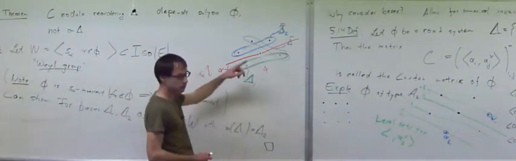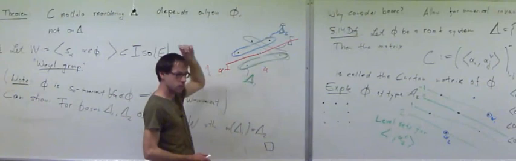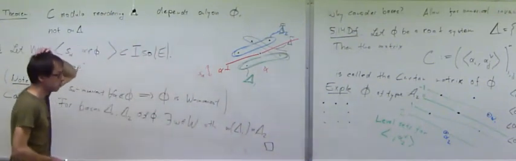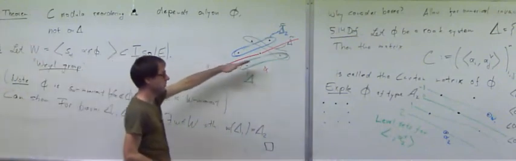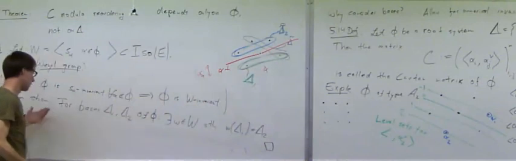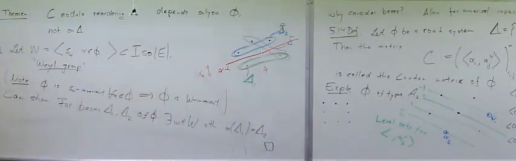So you do it as a composition. Right, yeah. I have to compose two reflections and then I can send this one to this one. Right. So this is the sketch of proof for this theorem.